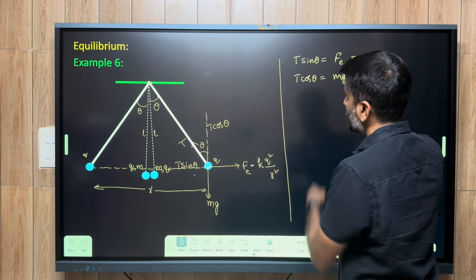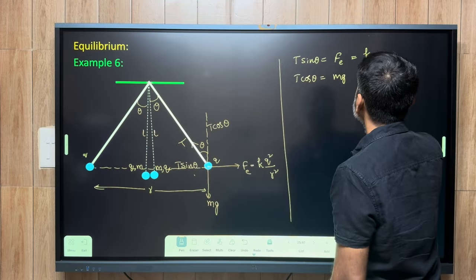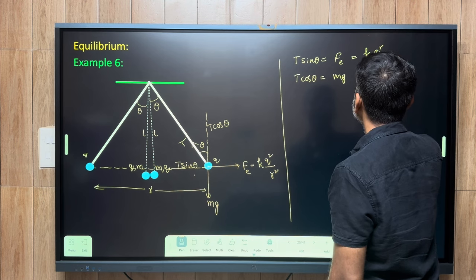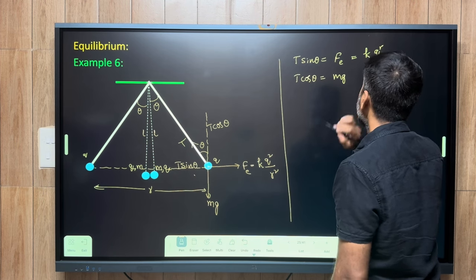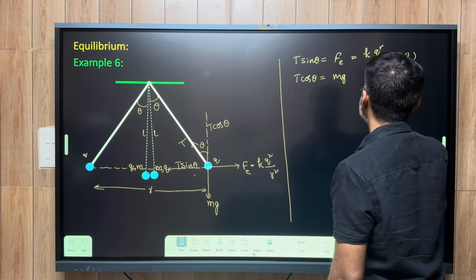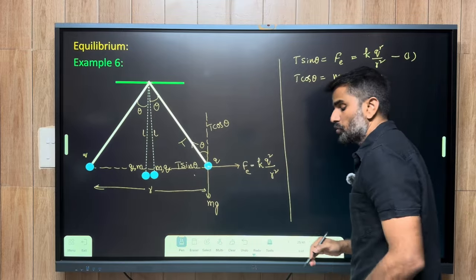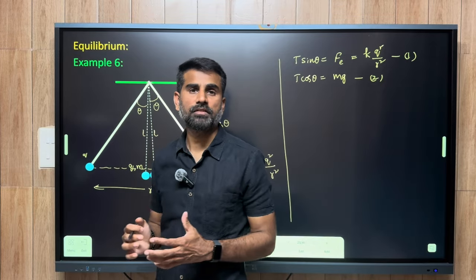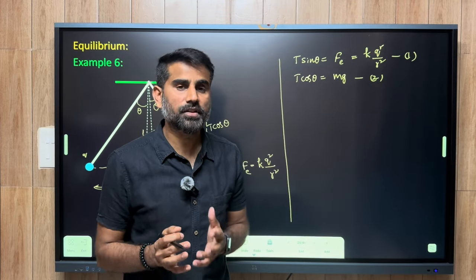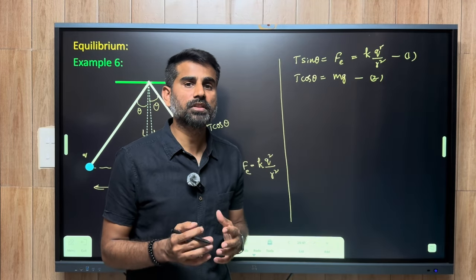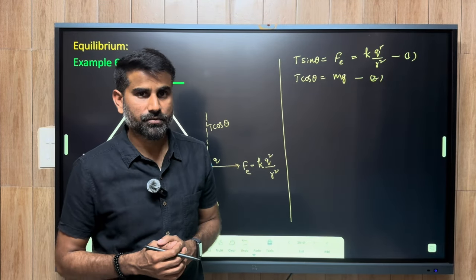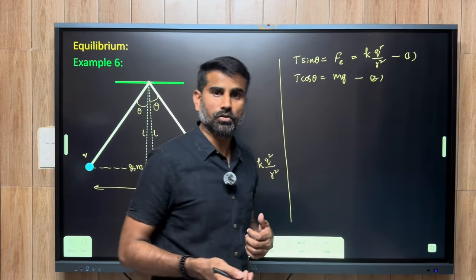I have got two equations. This Fe can be replaced with K Q square by R square, and mg. I'm considering these as equation 1 and equation 2. By using these two equations, we can simplify further to find the unknown quantities when the rest of the quantities are given to us.